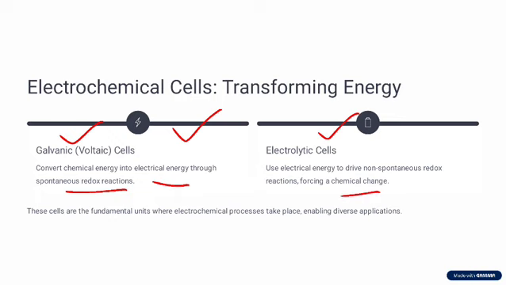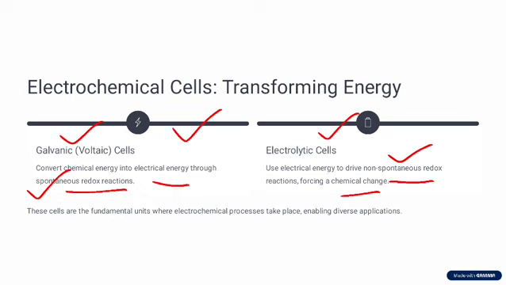In the first case, electricity is produced by a spontaneous redox reaction, which means oxidation and reduction take place on their own, while in the electrolytic cell, we supply electrical energy to produce some chemical changes, so it is a non-spontaneous redox reaction.